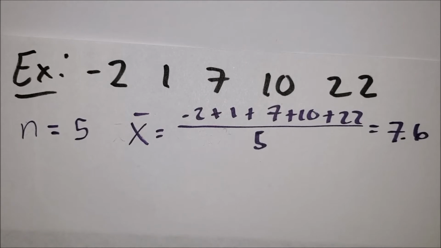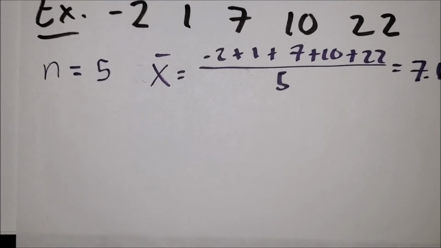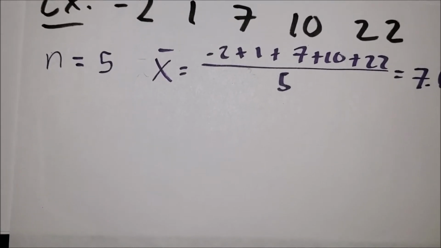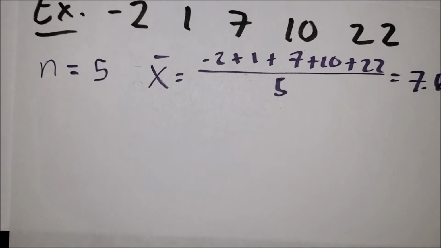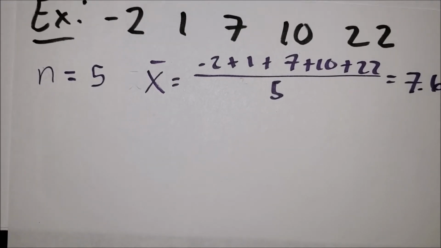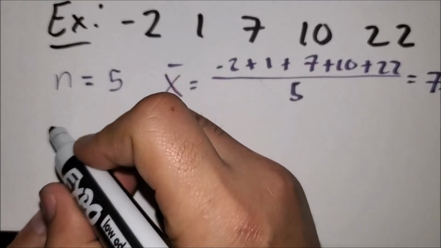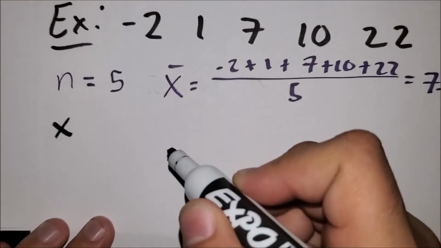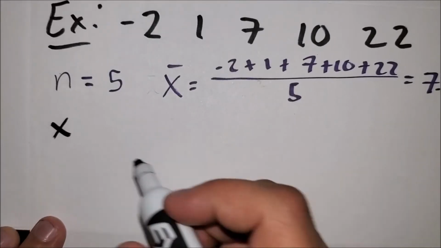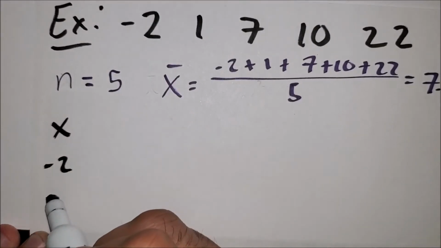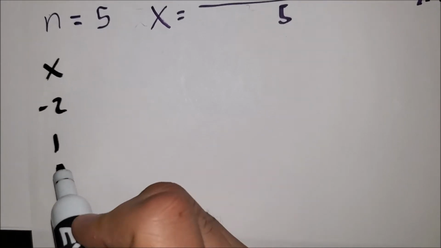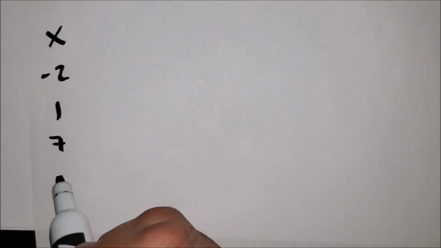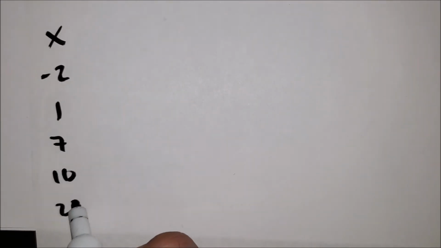So what we're going to do next is make a simple little table to kind of help us organize our thoughts. So let's go ahead and just make a table. We're going to be listing our x values. We've got -2, 1, 7, 10, and 22.